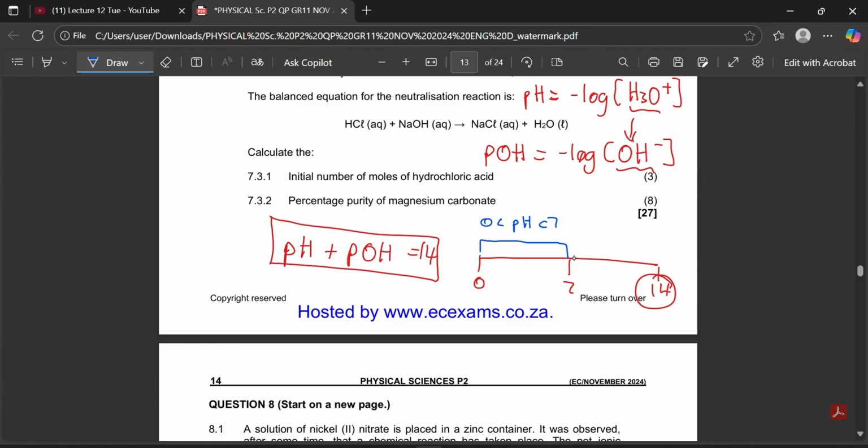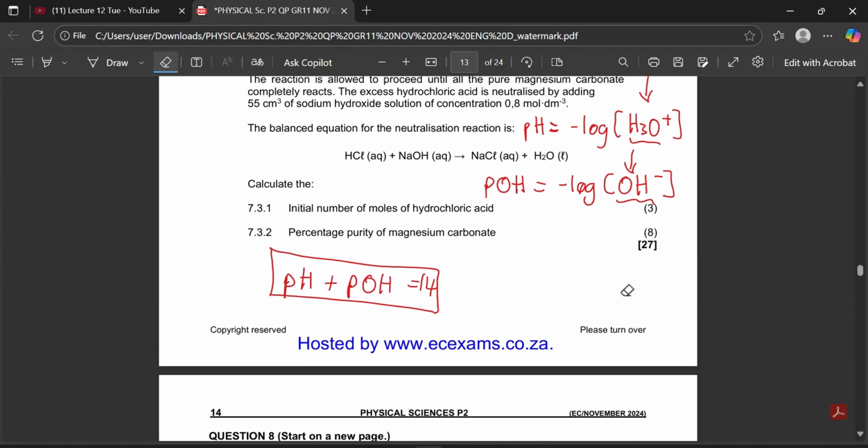And then pOH would be from 7 to 14. So if I add these two portions together, I make my entire scale of 14. That's very important, so please note that down. Okay, so I've looked at the pH as well as the pOH, and these are the respective equations we're going to use. Another thing, I just want you guys to know something.